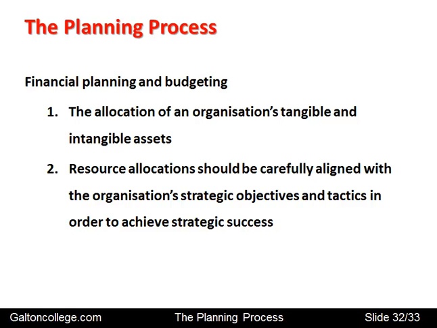So the financial planning and budgeting process should take this into account. It should start with the strategic plans, see what the strategic plans require, and try to draw up budgets that will allocate the existing resources, the resources that are available, to try and meet the requirements of the strategic plans. Not an easy task.